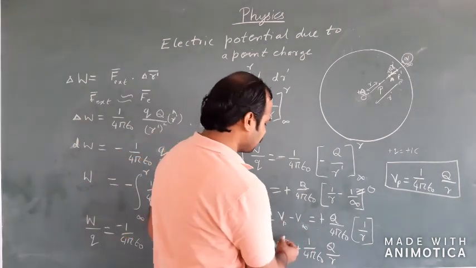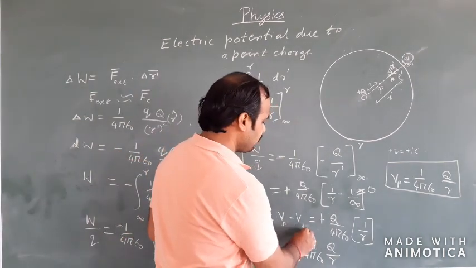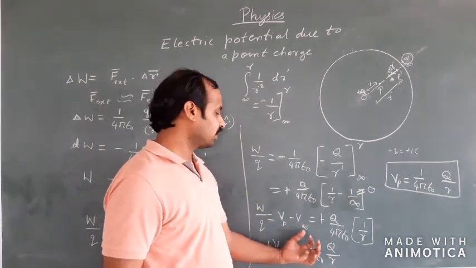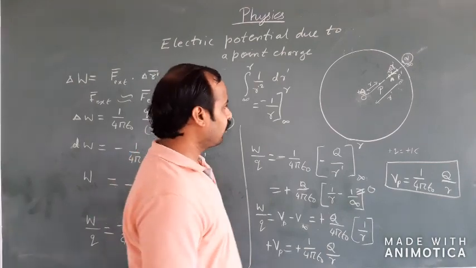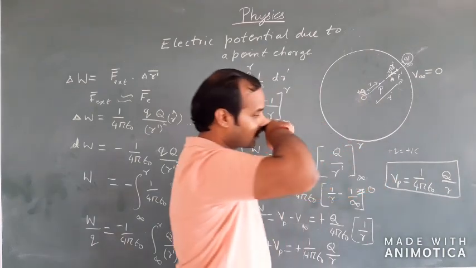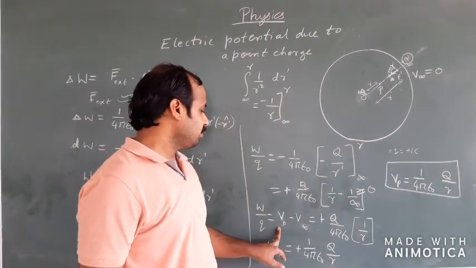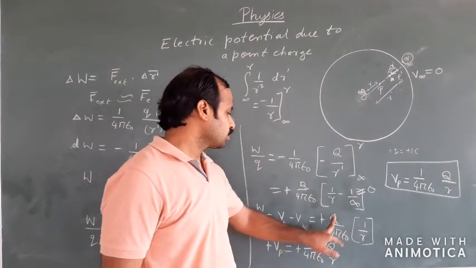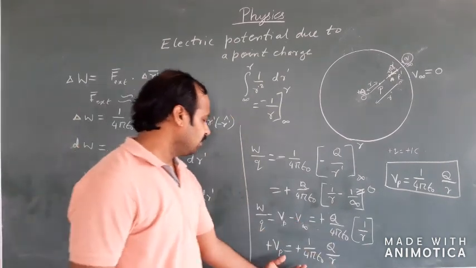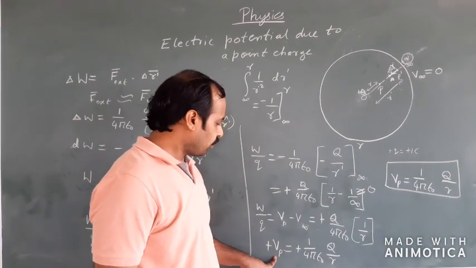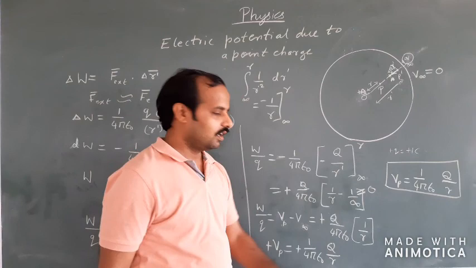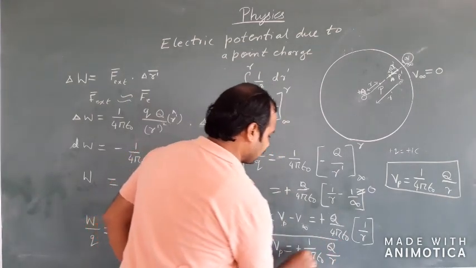So the electric potential between the limits is Vp minus V infinity, final potential minus the initial potential, and for convenience we always take V infinity to be equal to 0, and hence we have Vp minus 0 equals q by 4 pi epsilon naught into 1 by r. So ultimately we have the electric potential at point P given as 1 by 4 pi epsilon naught into q by r. So this is about your electric potential.